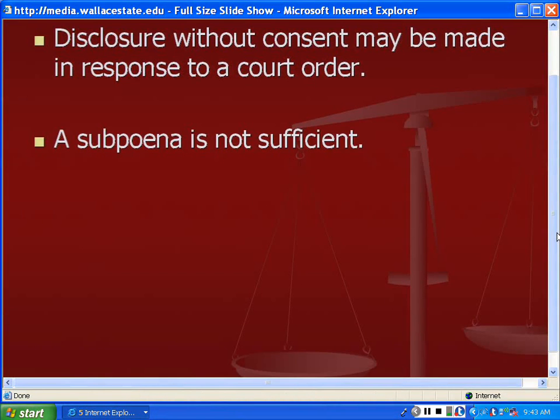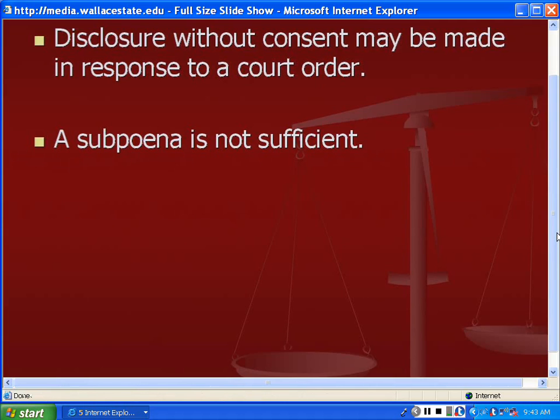But here's another situation in which you're just kind of dancing around the issue, because remember when I said the law says you can't even indirectly imply that a patient is a patient, except with authorization or if it's required by law.